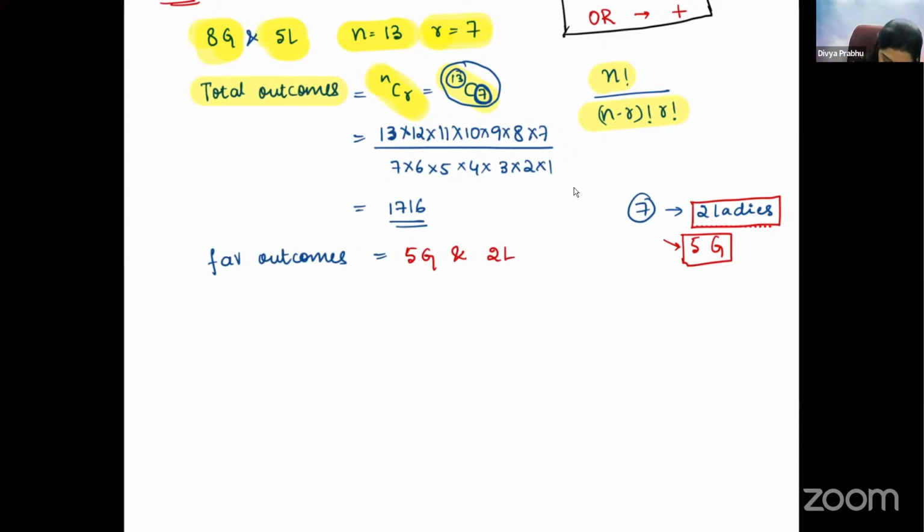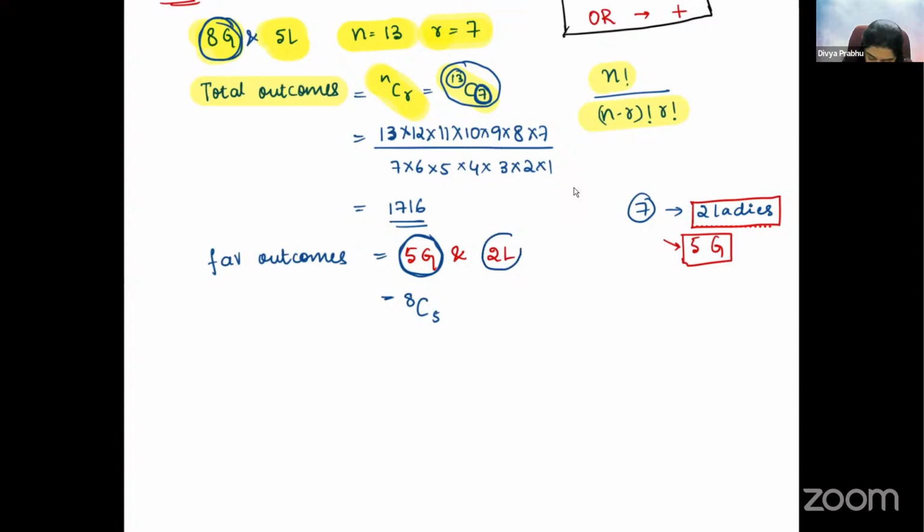Now, how do you crack this? Just understand. You want 5 gentlemen selection to be made. 5 gentlemen you are selecting. Out of how many total gentlemen? 8 gentlemen, correct? So out of 8 gentlemen, you are selecting 5 gentlemen, which is 8C5, right?